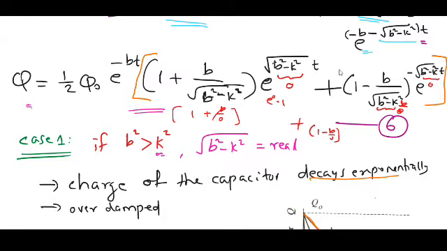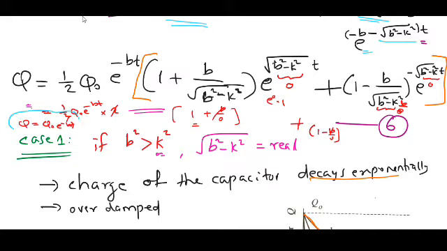These two will cancel, and 1 plus 1 you will get 2. Here you will have half into q0 e power minus bt into 2, this 2 and 2 would cancel, and q will be q0 e power minus bt.